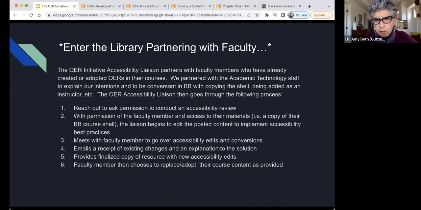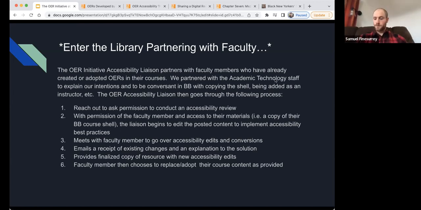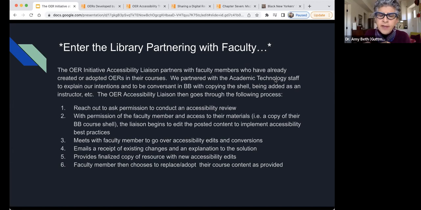And I'm always aware of it as the administrator, and sometimes I'm openly copied, whatever. The faculty member gives permission, and then they give further permission for a copy of their course to be made right from the Blackboard course shell. And Lauren then begins to edit that content in order to implement accessibility best practice off of the copy.